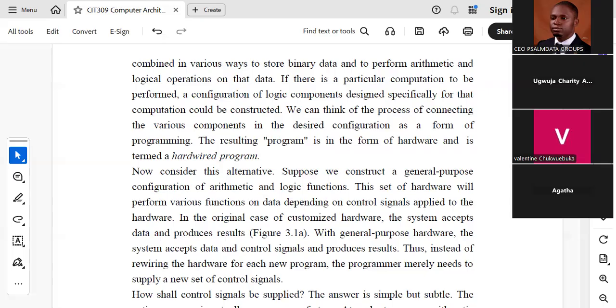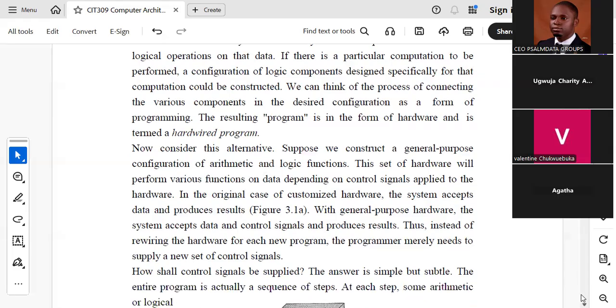In the general-purpose case, the system accepts data and control signals and produces results. Thus, instead of rewiring the hardware for each new program, the programmer merely needs to supply a new set of control signals. How shall the control signals be supplied?